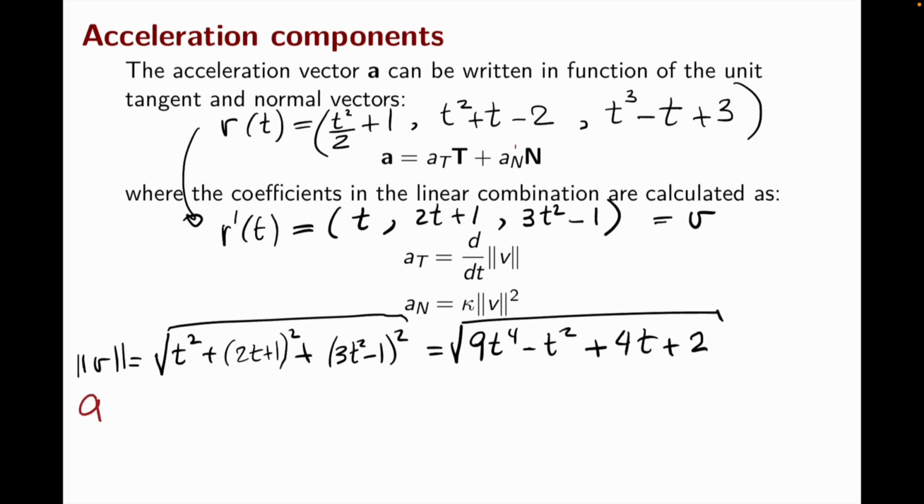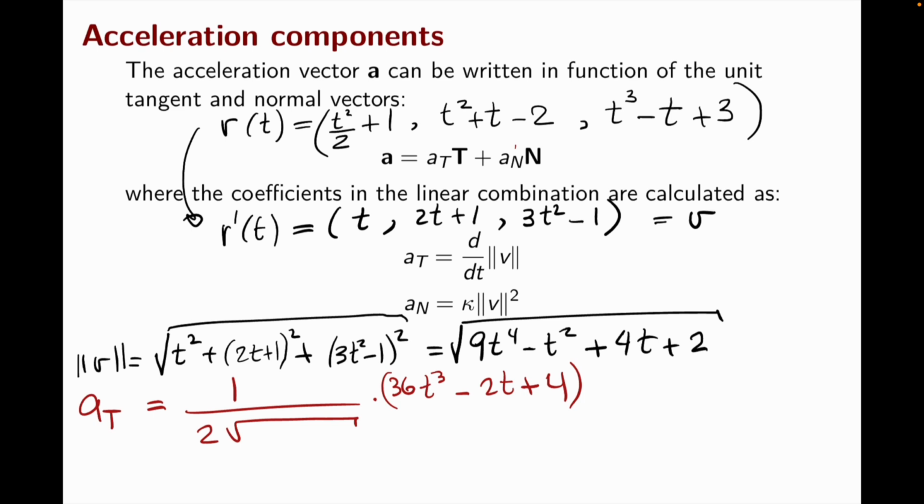So a_T then is going to be equal to the derivative of this. That is 1 divided by 2 times the whole square root, times, by chain rule, the derivative of whatever is inside. So in this case it is 36t cubed minus 2t plus 4.